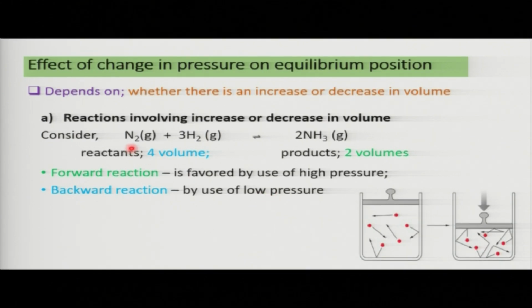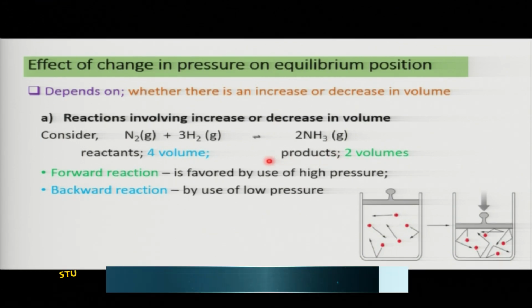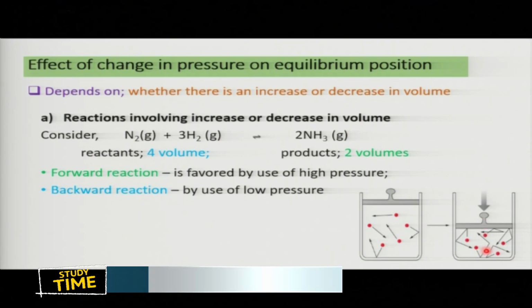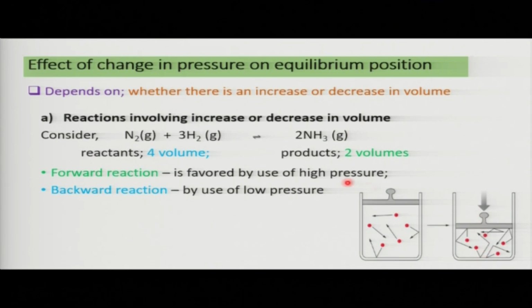So, the way you see it, this is forward. We have 4 going to 2, indicating we are applying pressure. You are compressing. When you compress, the volume reduces. As you apply pressure, you're favoring the forward reaction because there is a reduction in volume. These gases have been compressed, so in this case, the volume has reduced.